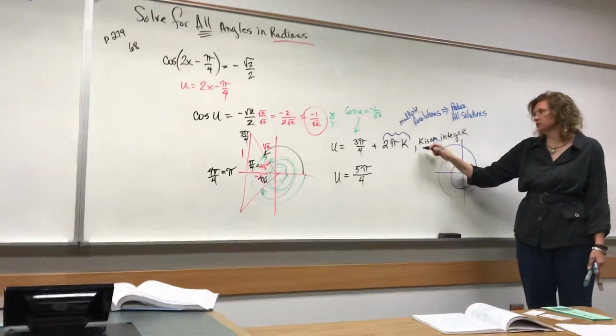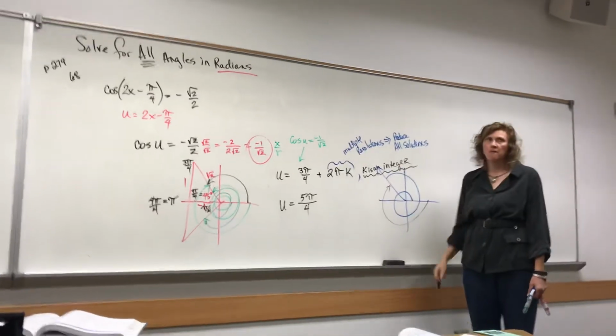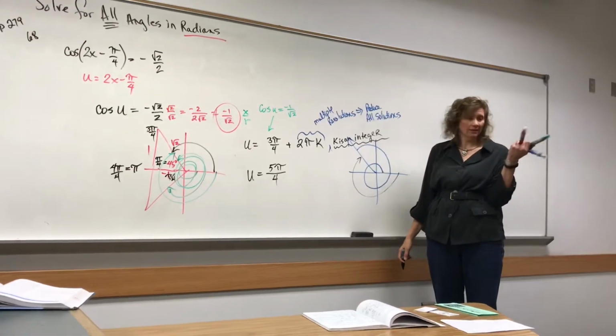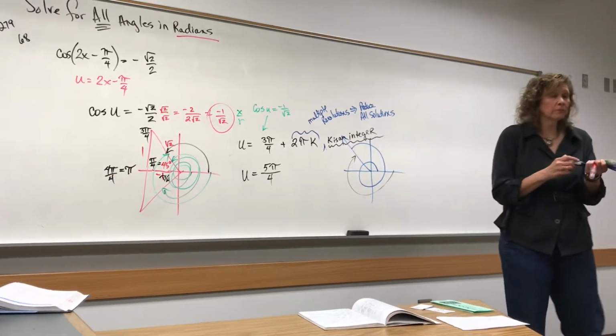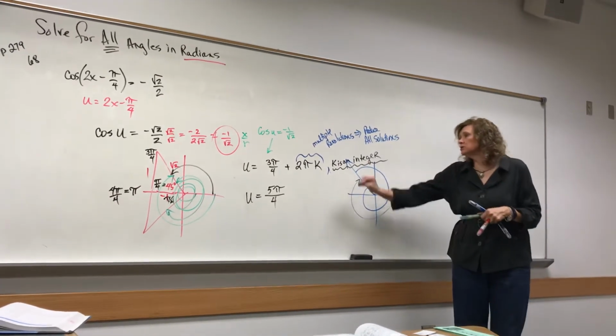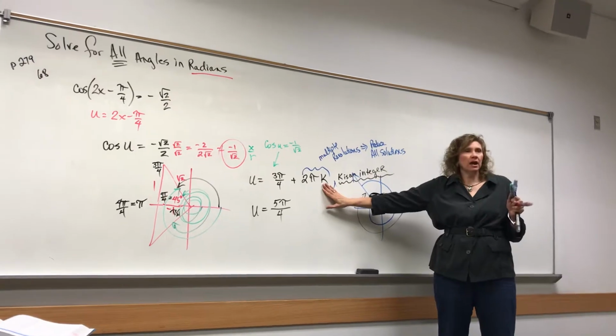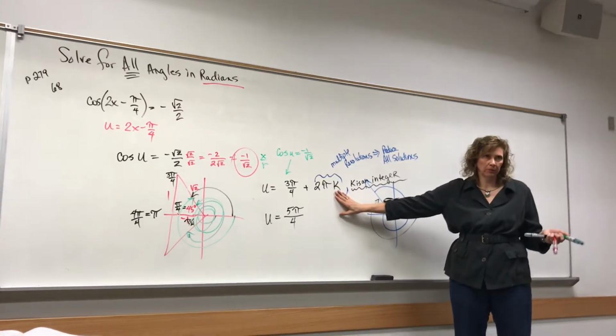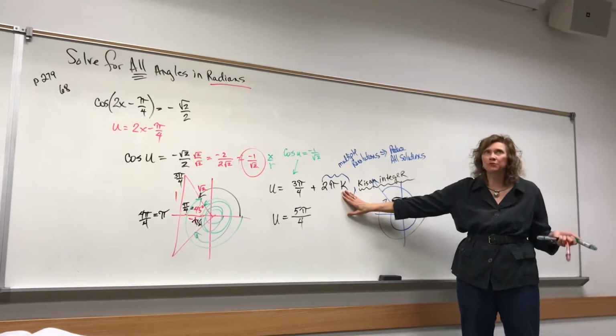Now, how important do you think this wording is? William says it's very important. It is. Otherwise, I probably wouldn't point it out. Most of the time, variables in math represent any real number. We don't want any real number.